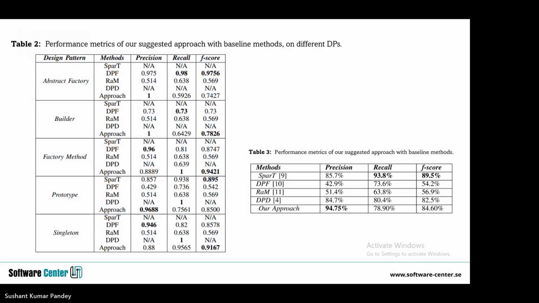So basically, these look like overfitted results. It's not overfitted. I mean, there could be some class imbalance problem, but we have added a lot of non-implemented design patterns in our programs, so we cannot say that. I'm not sure, but we tried to avoid this class imbalance problem by adding a lot of non-implemented design patterns. And we also got among the highest precision compared to the baseline methods.